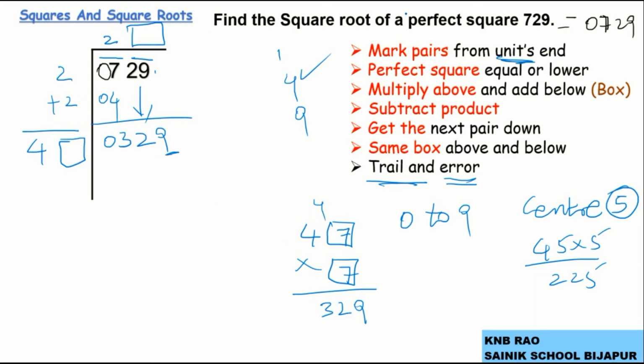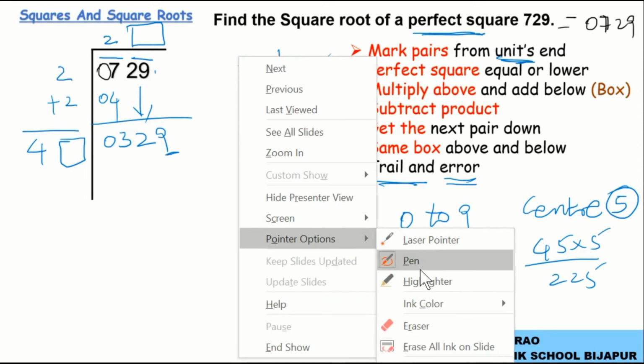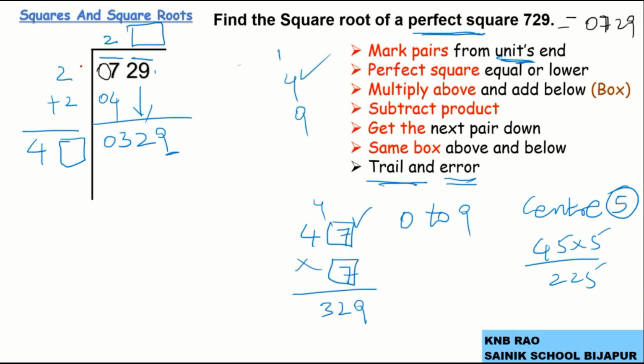So that's how, when I have already been given that the number is a perfect square, I will identify by watching end digits here in the remainder. So for me, let me choose another ink. So here I will choose the red ink.